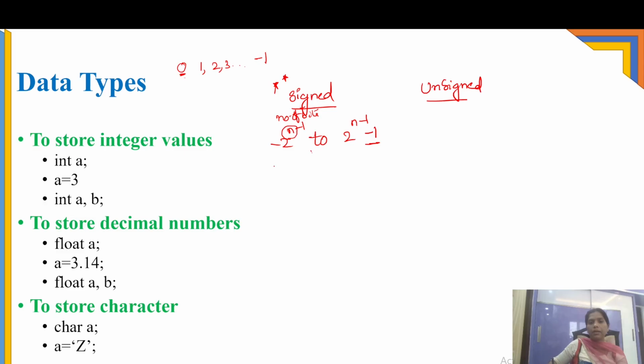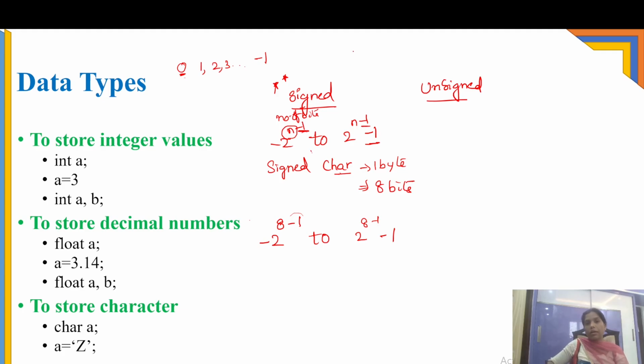For example, let's discuss signed char. Char means 1 byte size, and 1 byte means 8 bits. So for signed char, minus 2 power n minus 1, where n is 8 here: 2 power 8 minus 1, minus 1. Why is minus 1 included in the exponent?